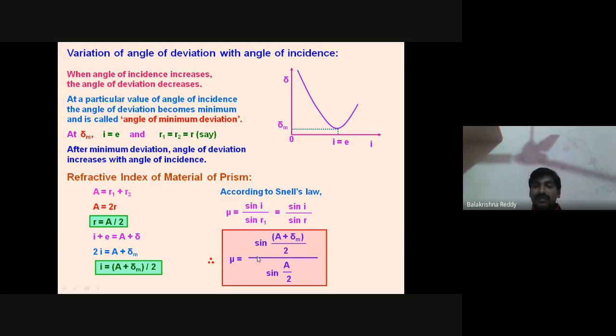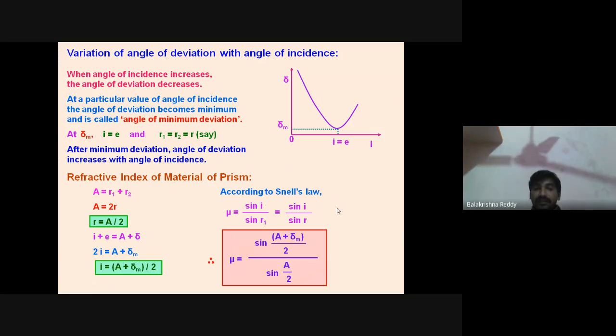This is my refractive index formula for the prism. By using this in the prism practical also, we will find the refractive index of the particular prism which is given.